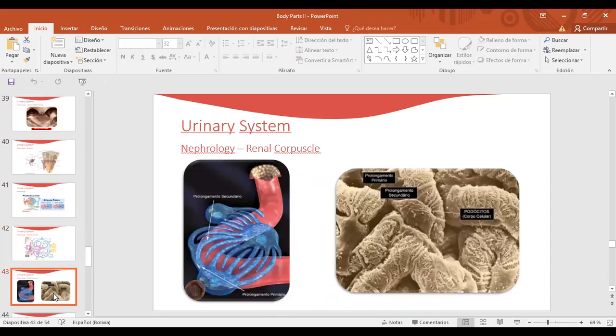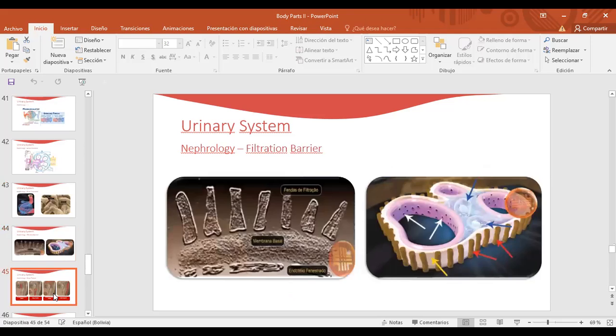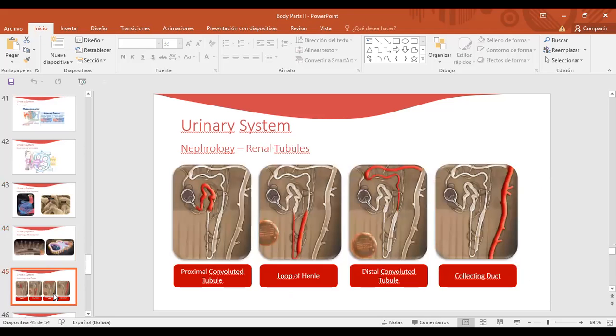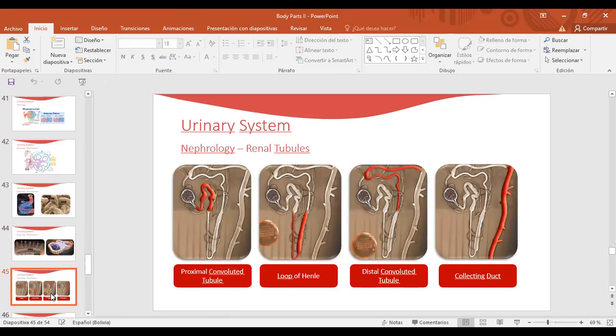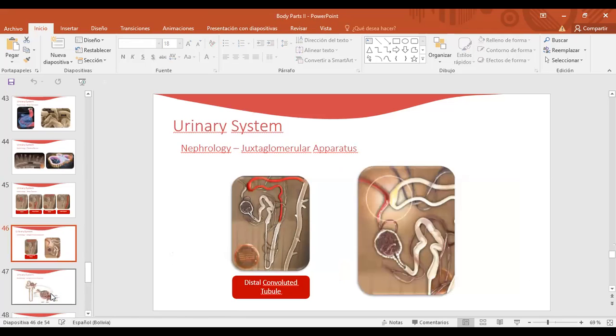Is there any doubt about any of these slides? This one, how would you read this word? Convoluted. Yes, convoluted. Great. In Spanish, we would call it contorneado, right? Sí. Yes. Okay.